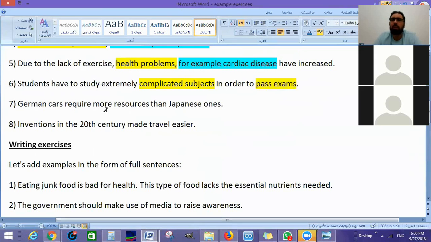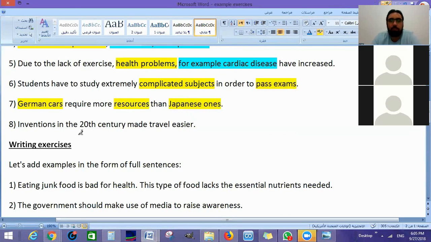Number 7, German cars require more resources than Japanese ones. So what are things that we could give examples of in number 7? Resources is one. German cars. Maybe we could give an example of Japanese cars.